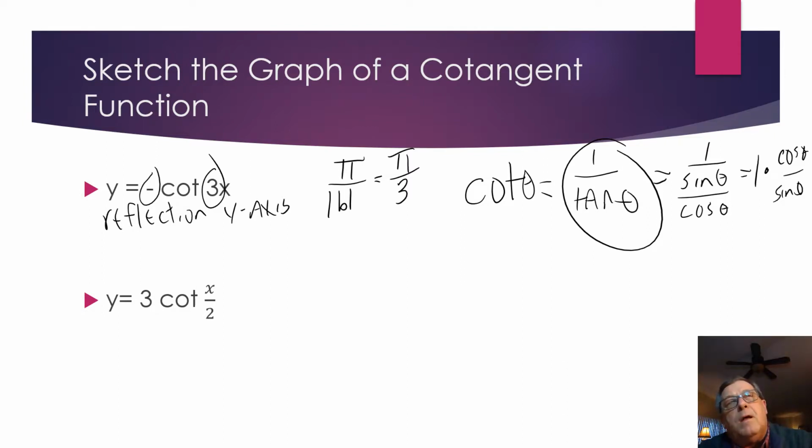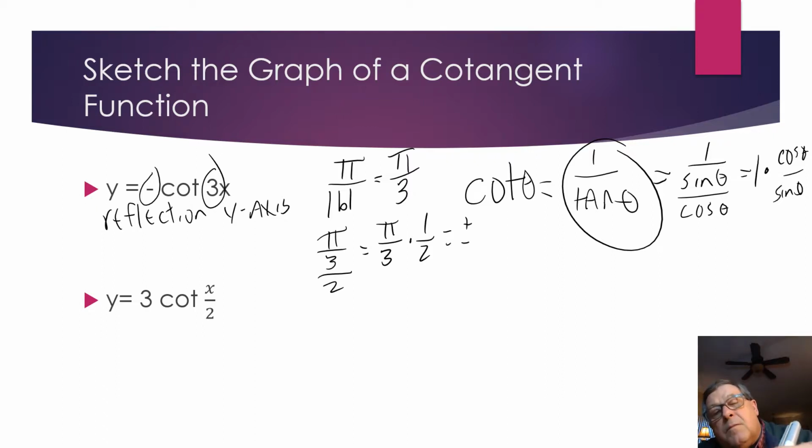I'm going to take this pi over 3 times 1/2, and so I'm going to have asymptotes at plus or minus pi over 6, looking at that from the origin and then filtering on out.